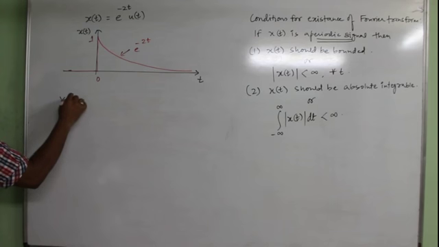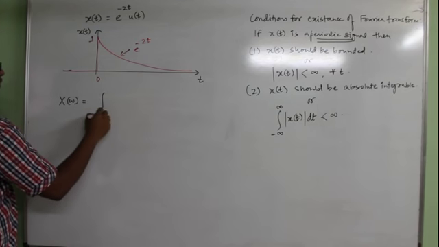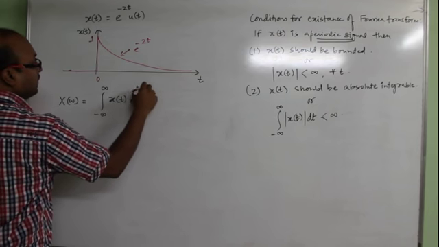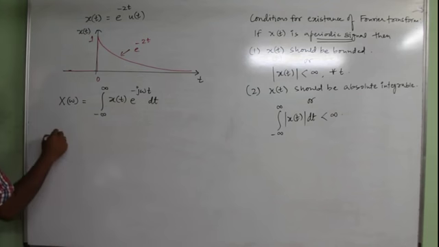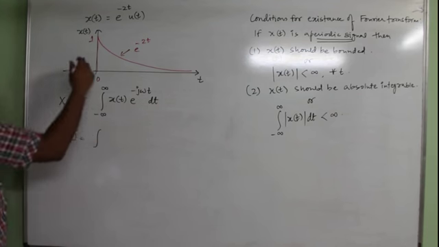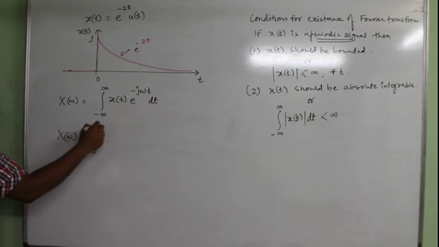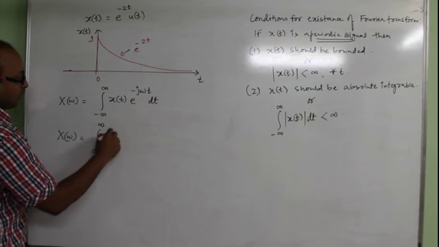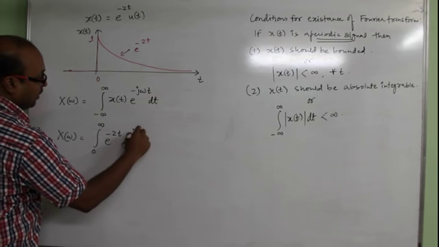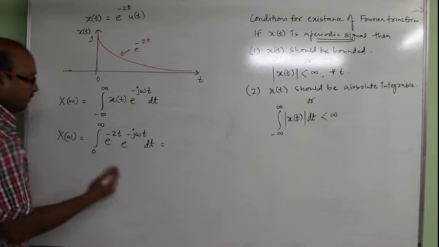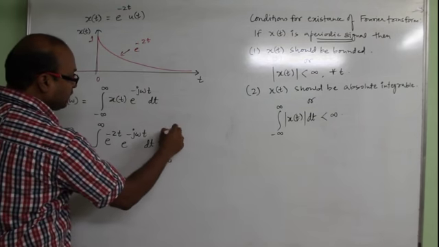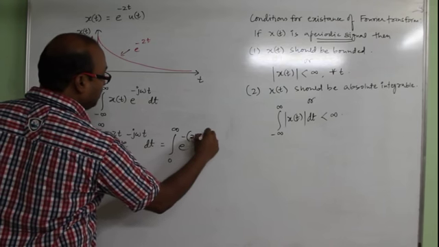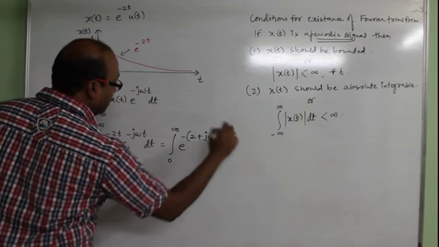Now X(omega) is given by the integration of x(t) e to the power minus j omega t. This signal is a right-sided signal, so the lower limit is 0 and the upper limit is infinity. From 0 to infinity, the signal is e to the power minus 2t, times e to the power minus j omega t. We can rewrite this expression as e to the power minus (2 plus j omega) t.